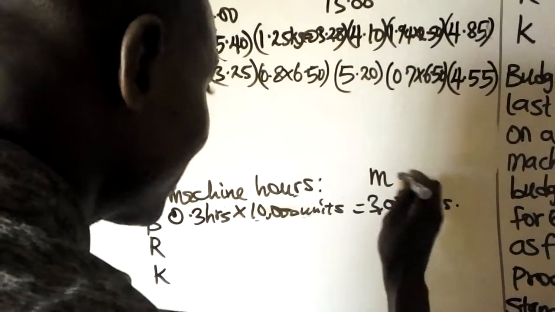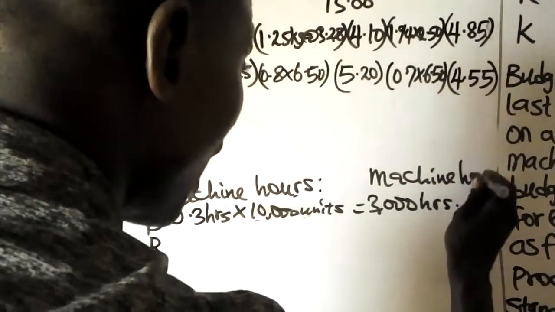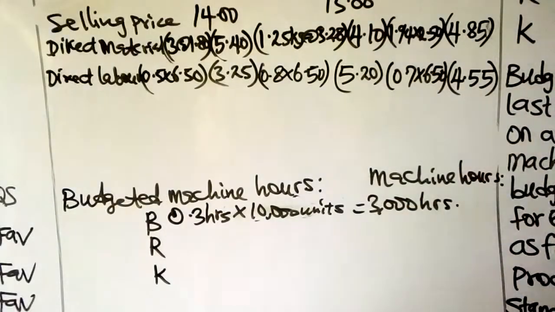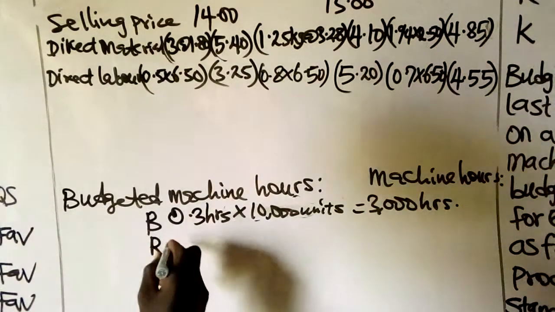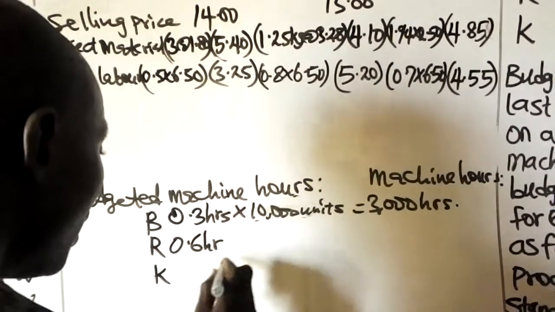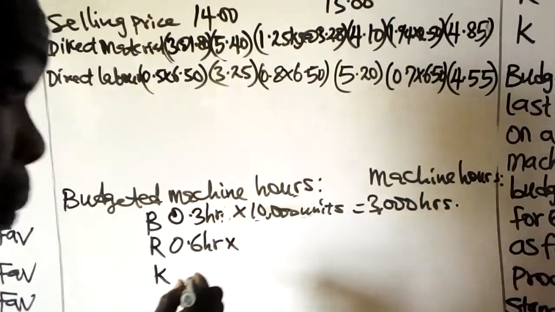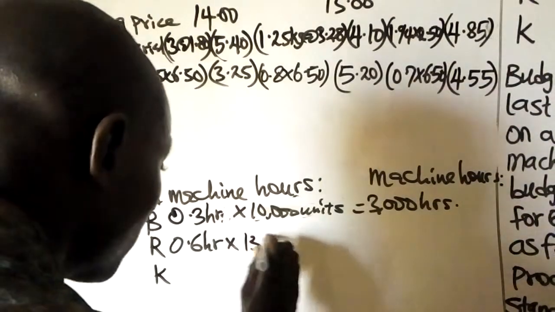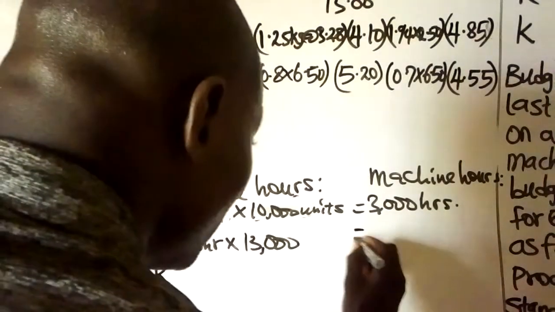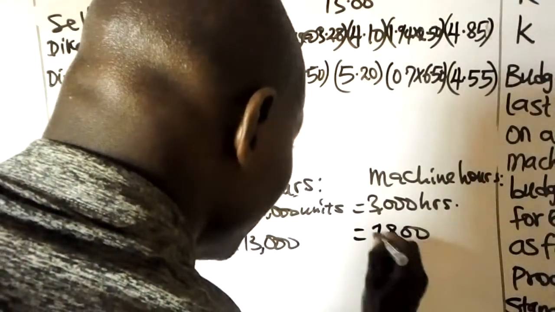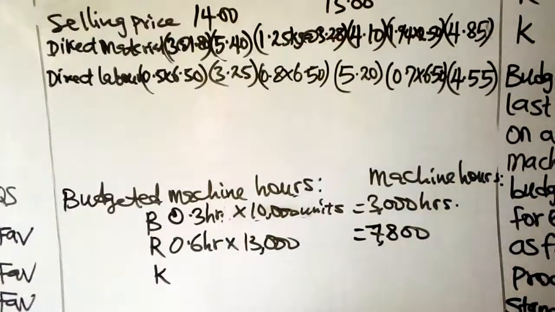This is machine hours. For R, you have 0.6 hours times the budgeted production of 13,000. So what will be the budgeted machine hours? 0.6 times 13,000 gives 7,800 machine hours.